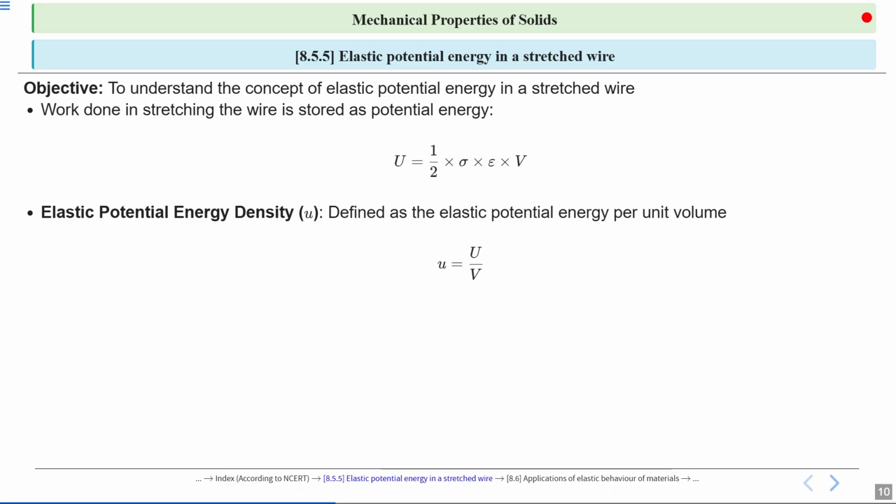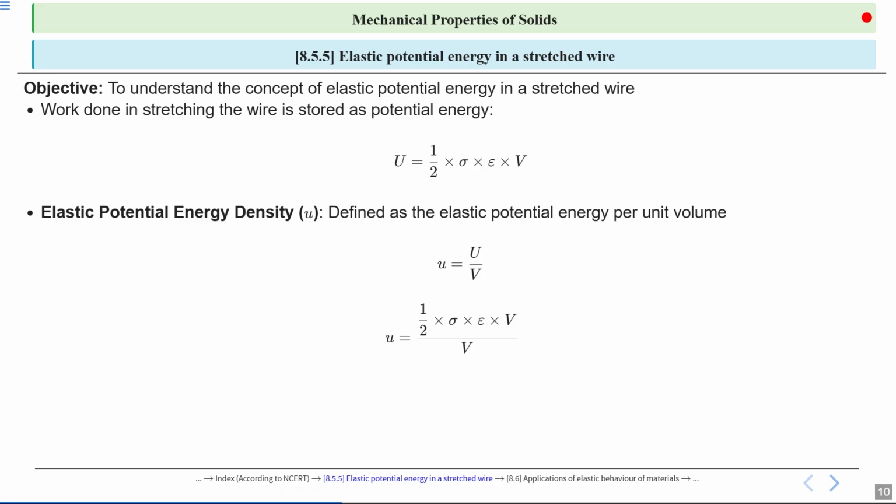Elastic potential energy density. Elastic potential energy density is defined as the elastic potential energy per unit volume. So u equal to capital U divided by V. This tells us how much energy is stored in each cubic meter of the material.